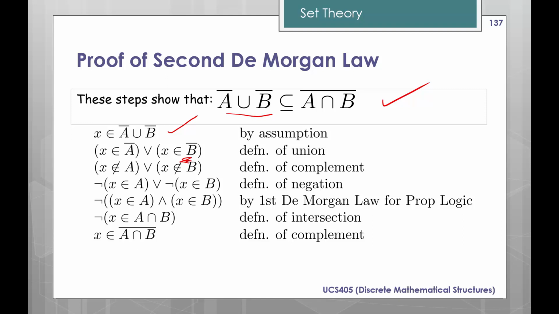By the definition of complement, X does not belong to A or X does not belong to B. By the definition of negation, negation of X belongs to A or negation of X belongs to B. By the first De Morgan's law, this OR sign gets replaced by AND: negation of (X belongs to A and X belongs to B). By the definition of intersection, the negation goes outside: X does not belong to A intersection B. By the definition of complement, we can write it in this way. So this statement is true.